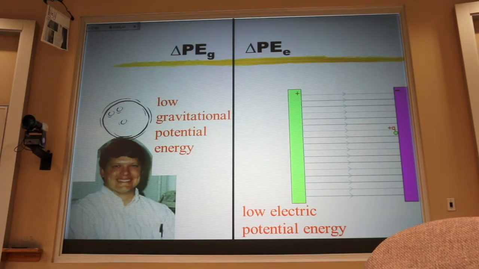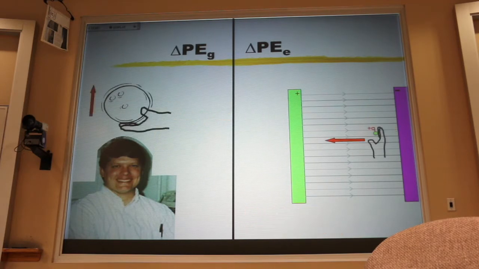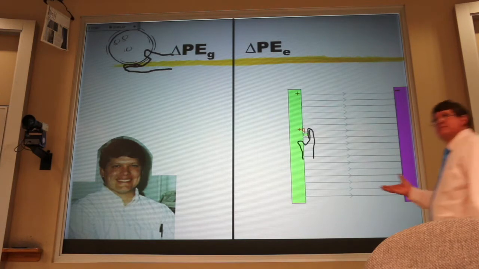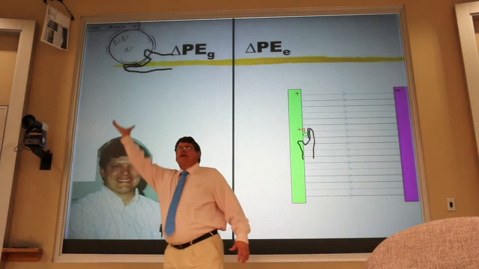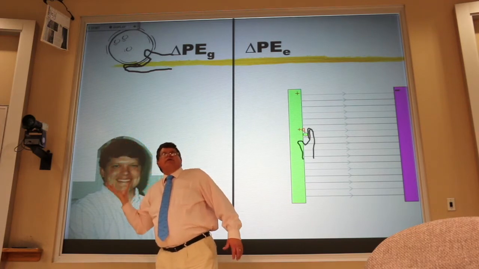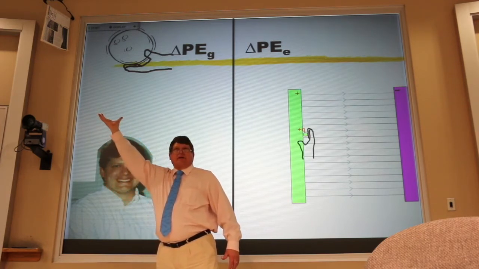Now, in order to find out how much energy I store, I just calculate how much work an external agent, the hand, has to do to take the bowling ball somewhere else, or to take the charge somewhere else. And if I lift that bowling ball, the hand is pushing in the same direction that the bowling ball is going. The hand is doing positive work.